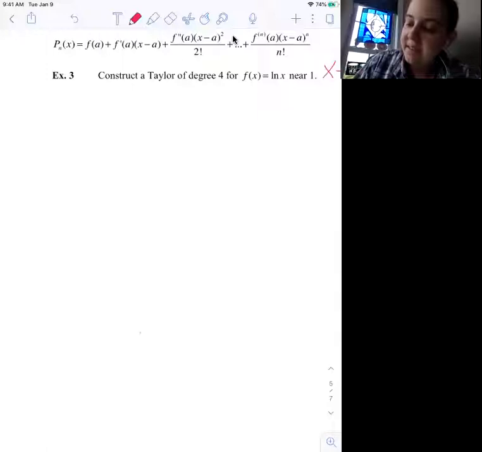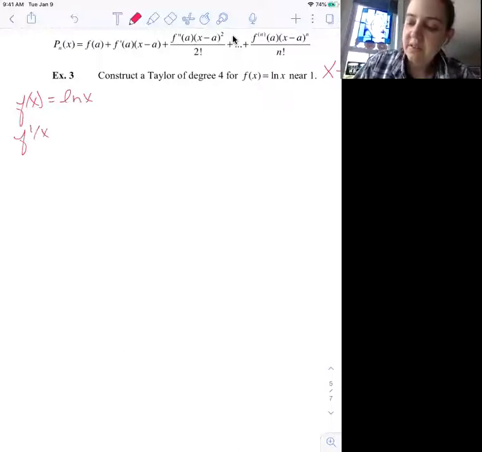So f of x equals the natural log of x. The first derivative, do you remember natural log? It's 1 over x, which our lives will be easier if we call this x to the -1. The second derivative is -1x to the -2.